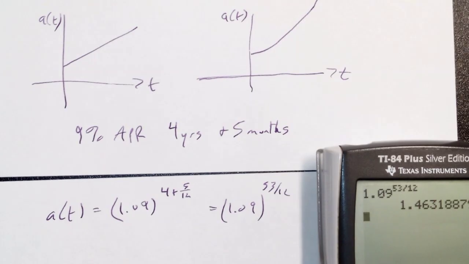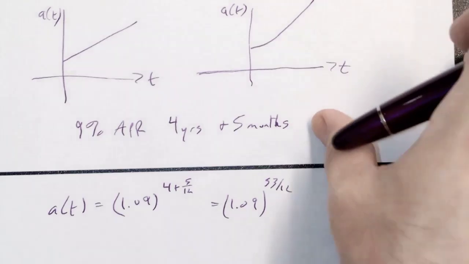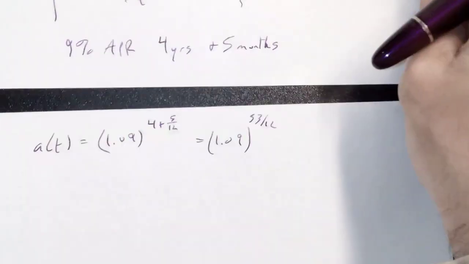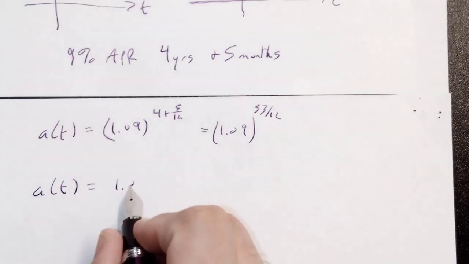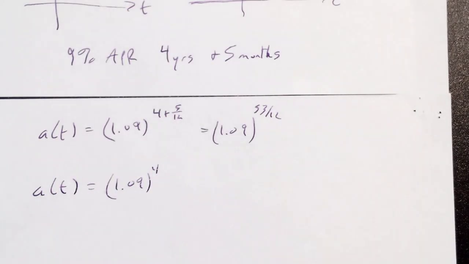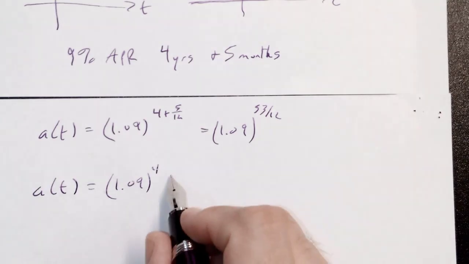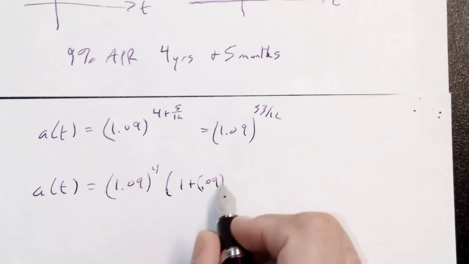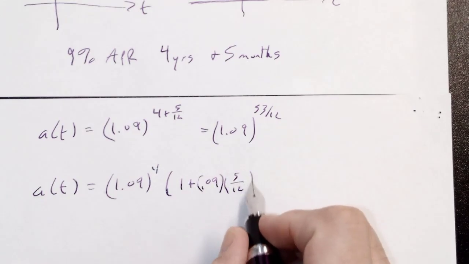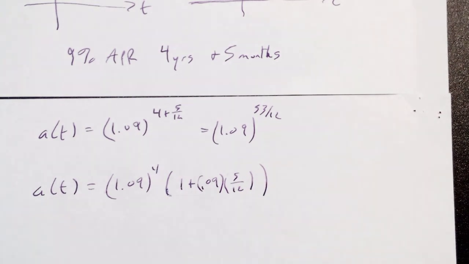If I do this split version, well, then what would I do instead? I would do A of t is 1.09 to the fourth for the 4 years. And then I would multiply by 1 plus 0.09 times the fraction of a year. And that is the combined compound for the number of years, simple for the number of months less than a year.